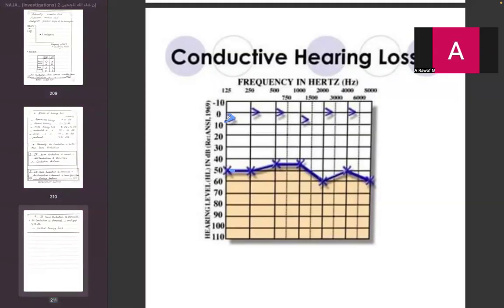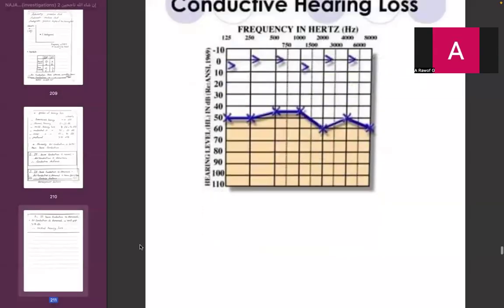Here the bone conduction is between 0 to 10, which is less than 20 decibels. This is normal. But the air conduction of this ear is between 40 to 50 decibels, which is more than 20 decibels. That means the air conduction is reduced here. So this is conductive hearing loss.